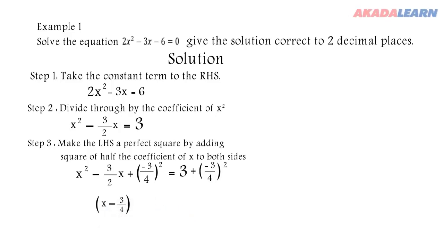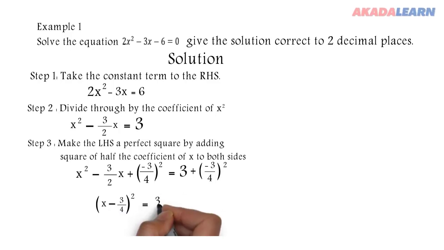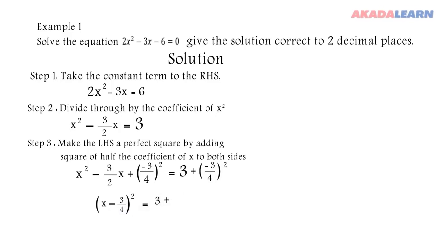So when we expand this bracket, we are going to get the left hand side above. So let's simplify this other side. Plus, now minus 3 raised to power 2 is 9 and 4 raised to power 2 is 16. So when we simplify that side, we have 57 over 16, which I believe simplifying it should not be a problem to you.